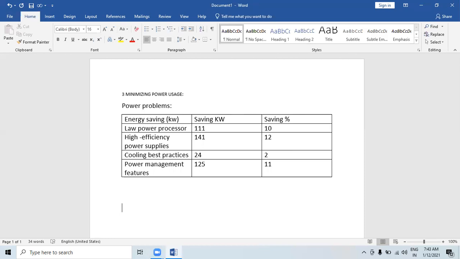Power is not cheap, we all know. In 2005 the entire world used 123 billion kilowatt hours.